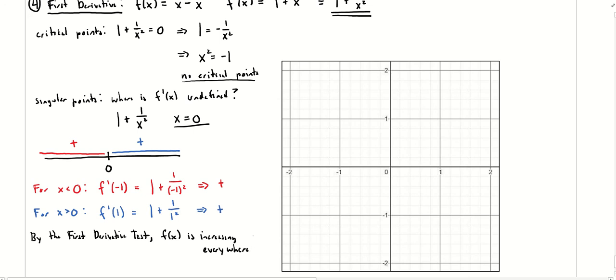So the only possible place where my first derivative could change signs is at 0, but we just showed that the first derivative has the same sign on either side of 0. Namely, it's positive, so we can say that the function is increasing everywhere.